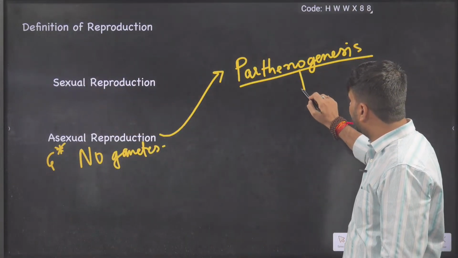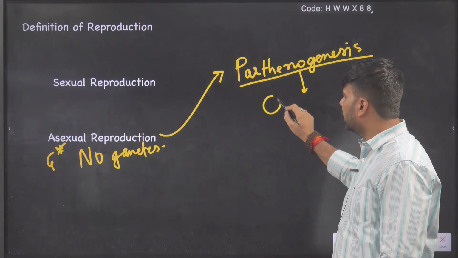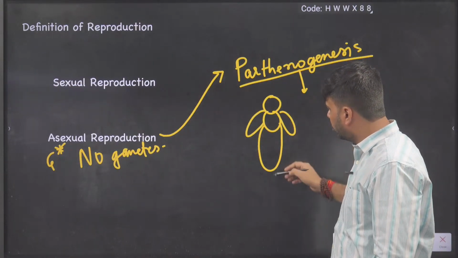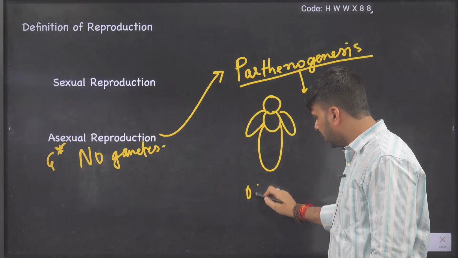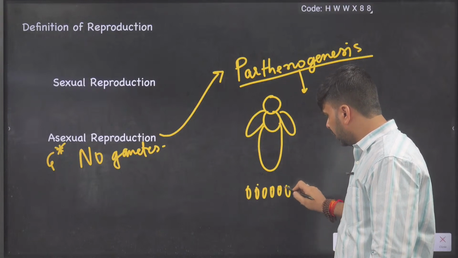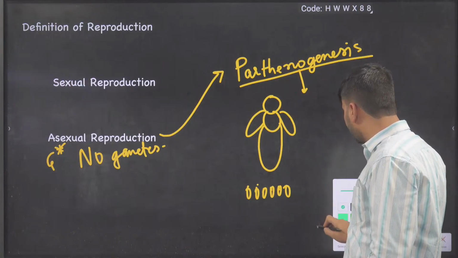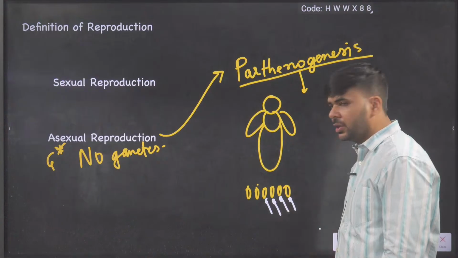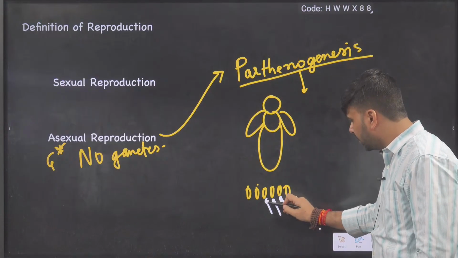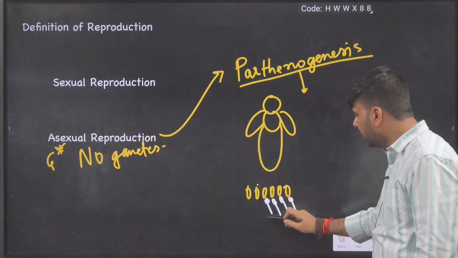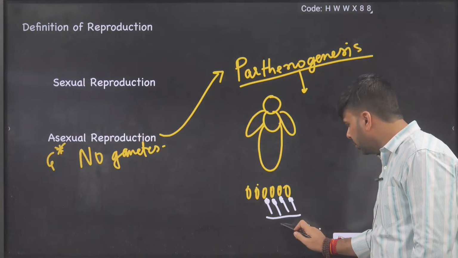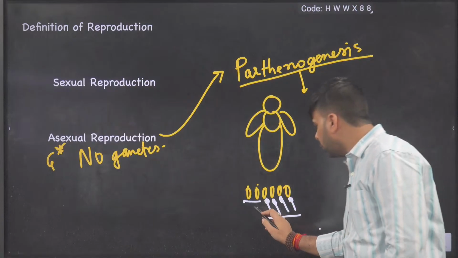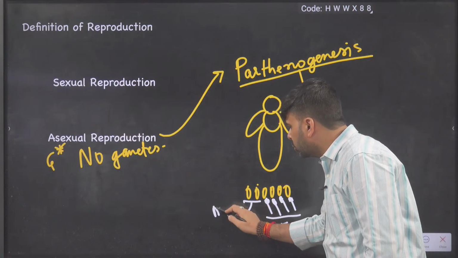Take the queen honeybee, which lays eggs. If the eggs are fertilized with sperm, they will form females. If they are not fertilized, they will form males. So here, males are formed.